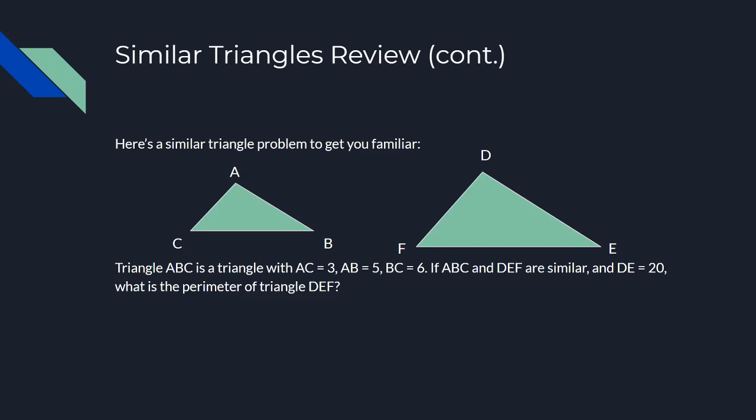So DF is going to be 12, DE is 20 as we already mentioned, EF is 24. So our final perimeter is 56. Or you could also do this by just adding everything in ABC and then multiplying by 4.